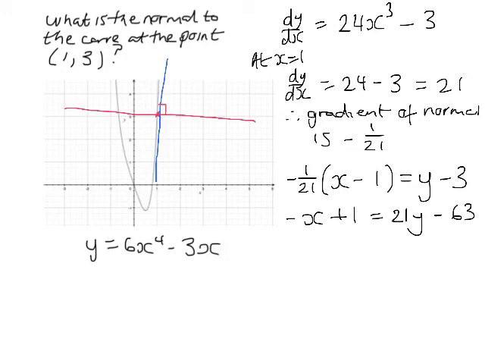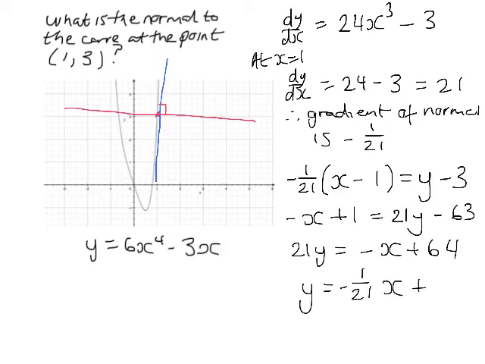So we're going to have 21y equals negative x plus 64, y equals negative 1 over 21 x plus 64 over 21. And this is our equation of the normal to the curve y equals 6x to the power 4 minus 3x at the point 1, 3.